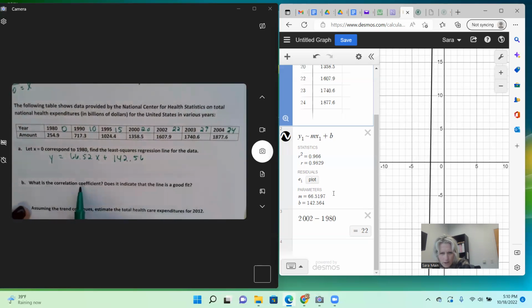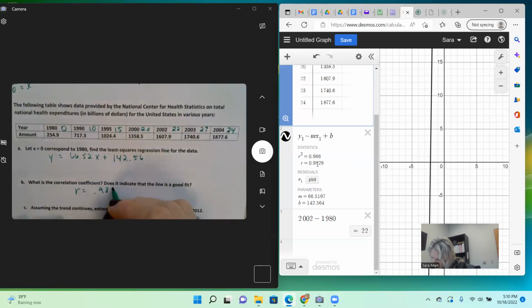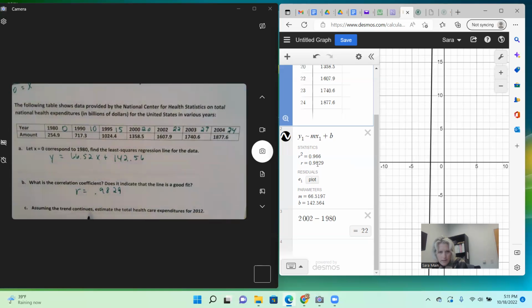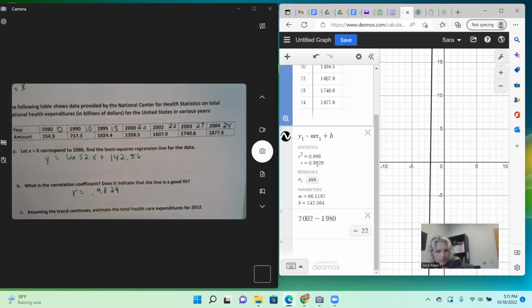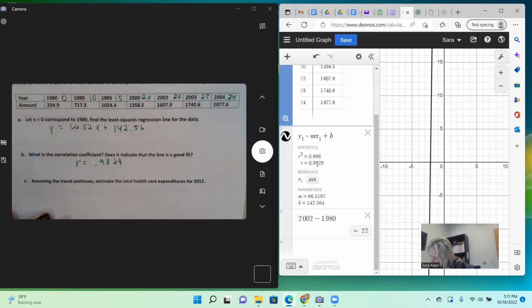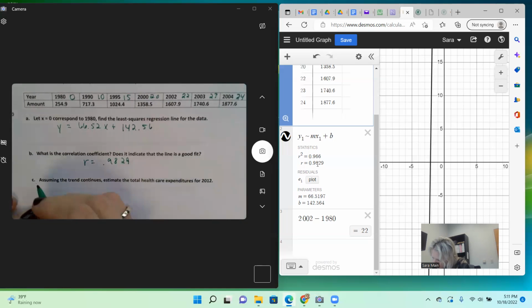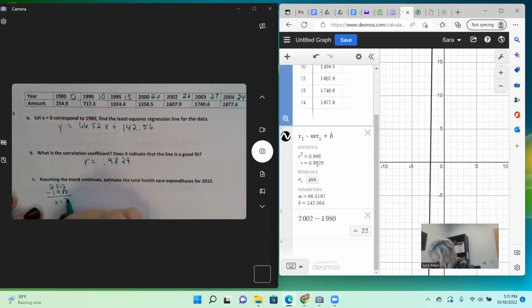It says, what is the correlation coefficient? That's my R right there. So R equals 0.9829. It says, assuming the trend continues, estimate the total healthcare expenditures for 2012. So 2012 minus 1980 is X equal to 32.